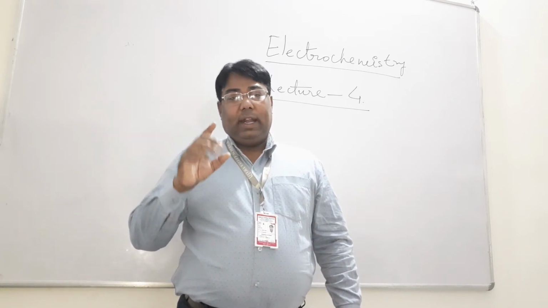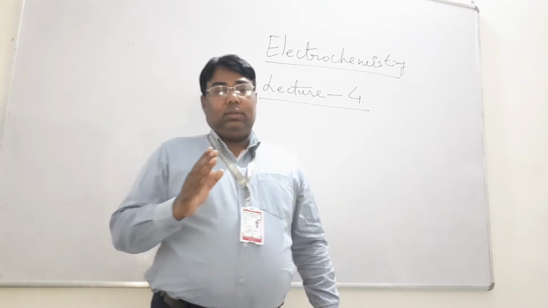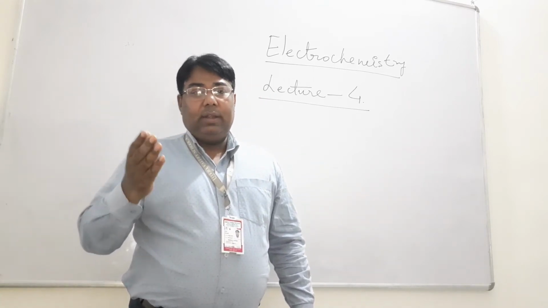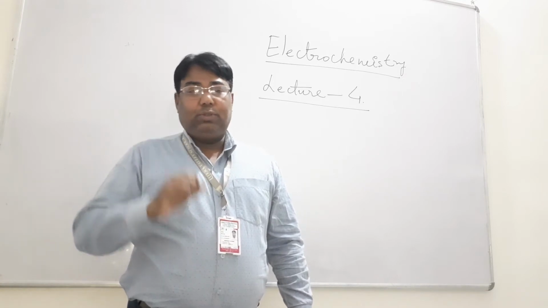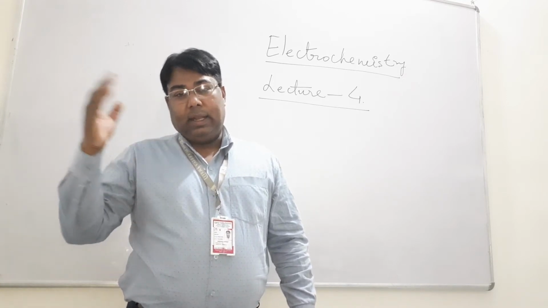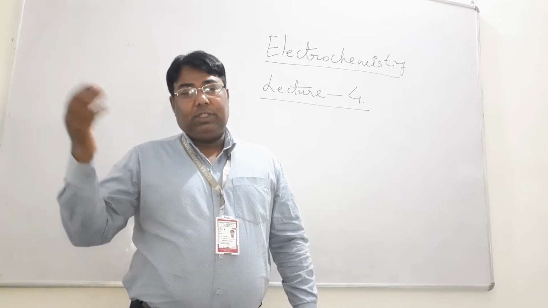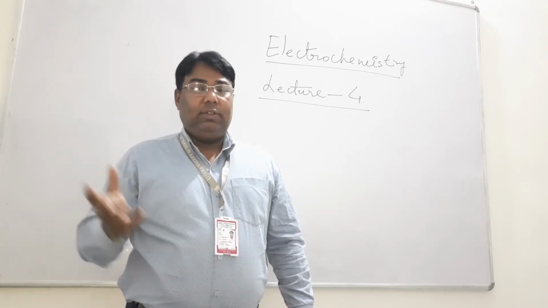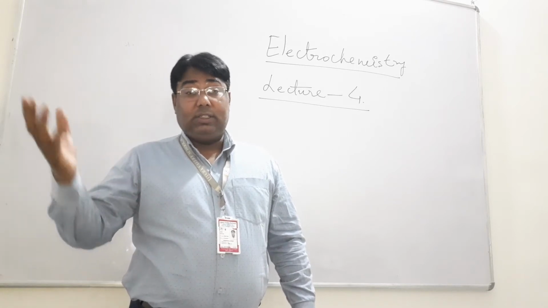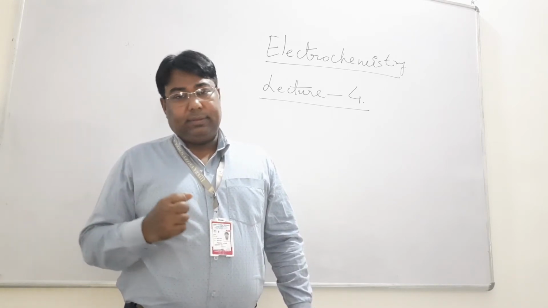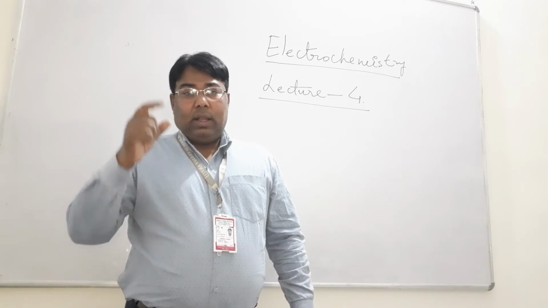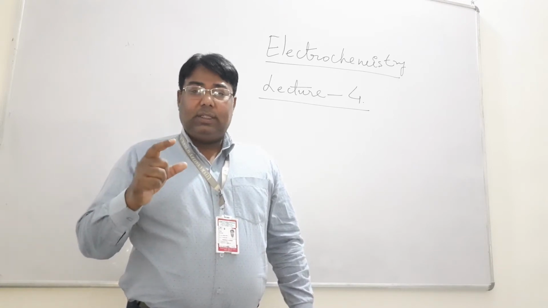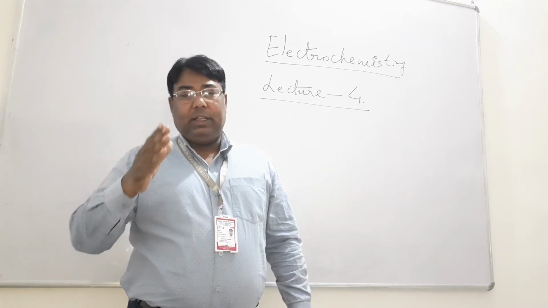The electrode at which oxidation occurs develops oxidation potential, and the other electrode at which reduction takes place develops reduction potential. What is electrode potential? Electrode potential is the potential difference between the metallic rod and its ions.